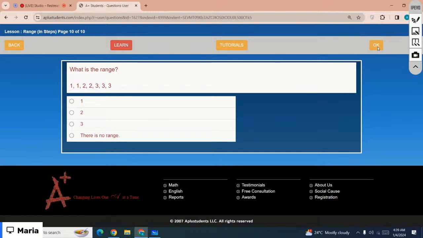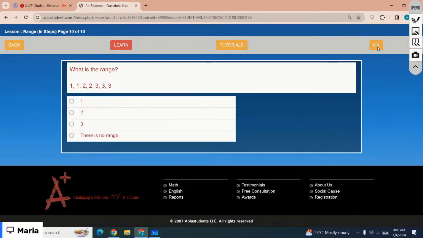Which is the correct option? That is 3 minus 1.